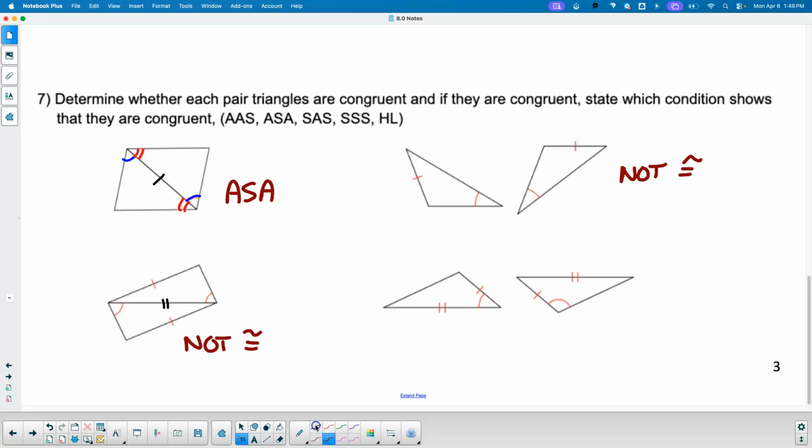So on this left one, it's set up in side angle side. But in the other one, it's not, right? It's angle side side. So since it's not in the same orientation, that's a not congruent. Has to be in the same orientation. Okay? Good times.